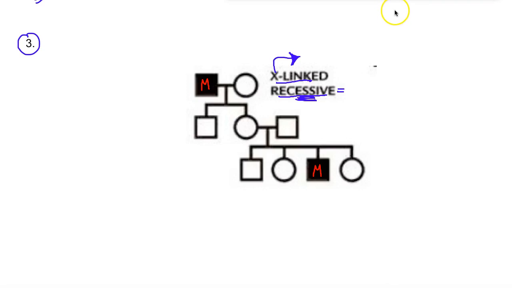The protein factors that help blood clotting aren't made correctly, so these people can bleed out and lose their blood from very simple cuts. So it's definitely a recessive phenotype, and that gene is on an X chromosome.